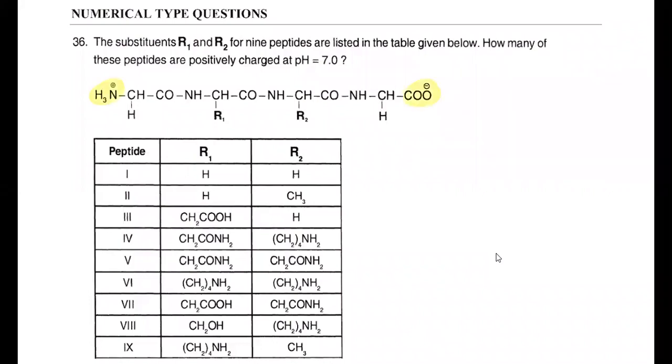In case of groups R1 and R2, if you place a group which is more acidic, at pH 7 it will lose its H plus and be available in the form of an anion. And if it is more basic, then it will accept H plus ion and become the cationic form.